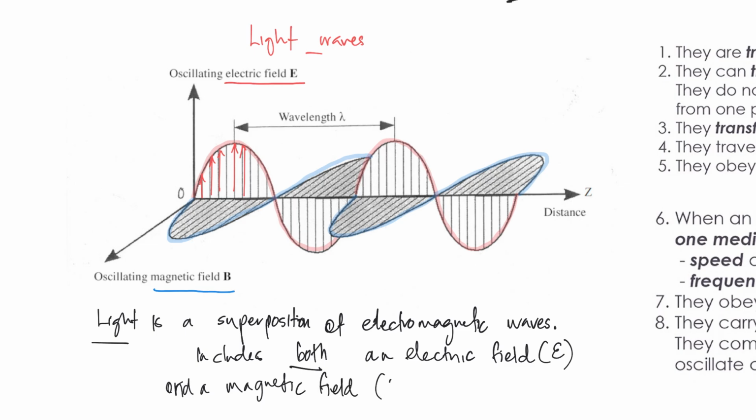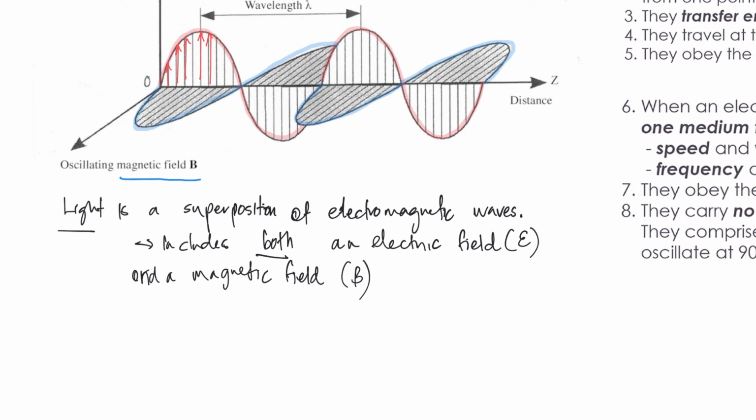We'll use the letter B to represent magnetic fields. And these 2 fields, we can say, are oscillating at the same frequency.